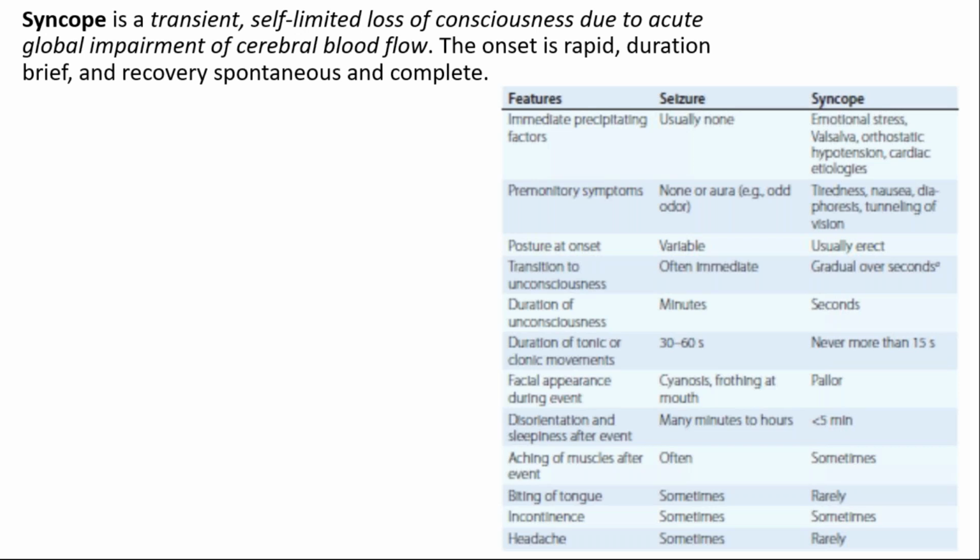If a patient is unconscious for more than a minute, you should think of a seizure, even if the patient has not developed typical tonic-clonic movements; it can be a subconvulsive seizure. As you all know, frothing from the mouth and tongue bite are typical features of seizures, but can also be seen in syncope, which is very rare though, but can be seen.